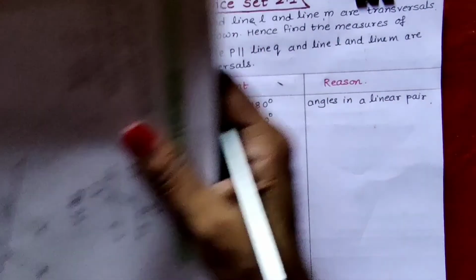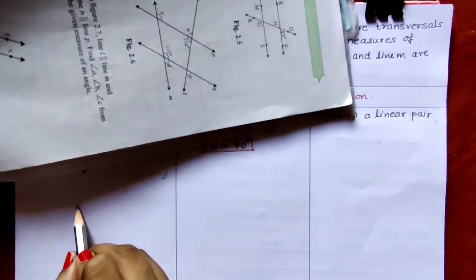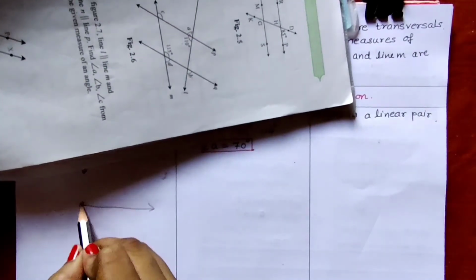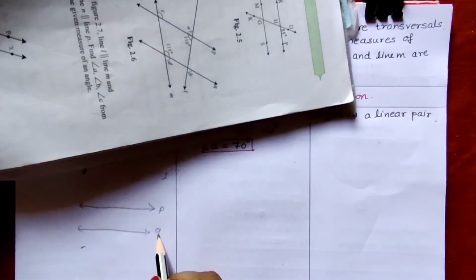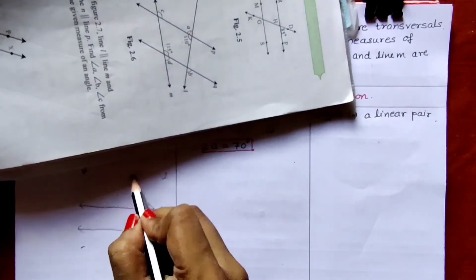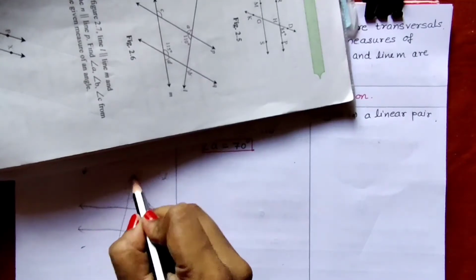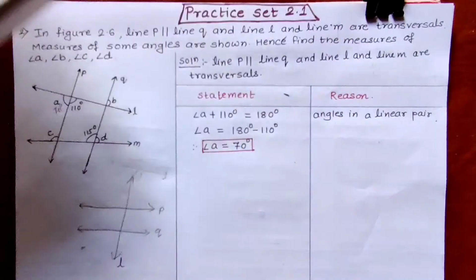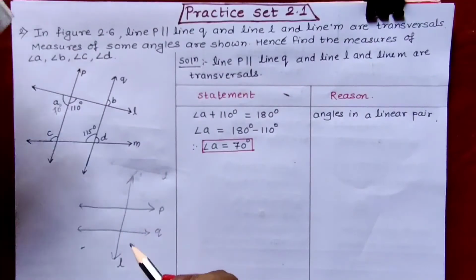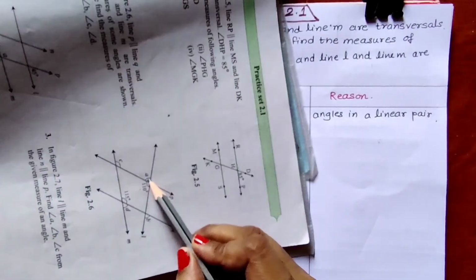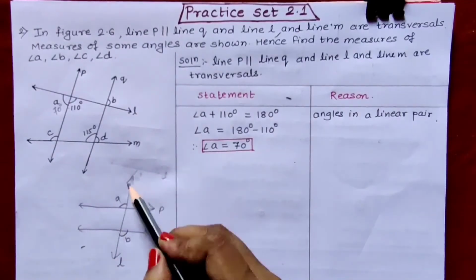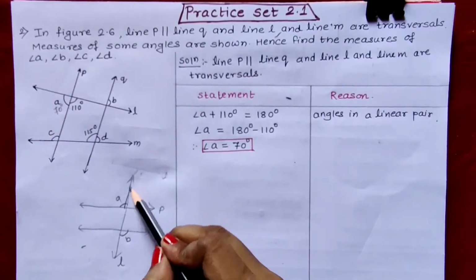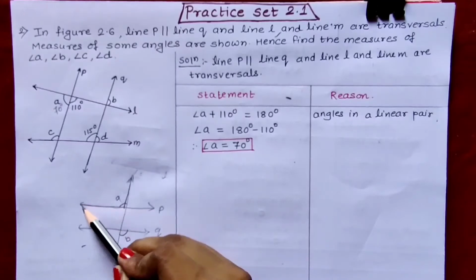So if we hold our textbook like this, and if you draw these two lines like this, this is line P and this is line Q, and this will be line L. In this way I have drawn this line, and here there is A and here there is B. A has one arm in the upward direction, the other arm on the left hand side.